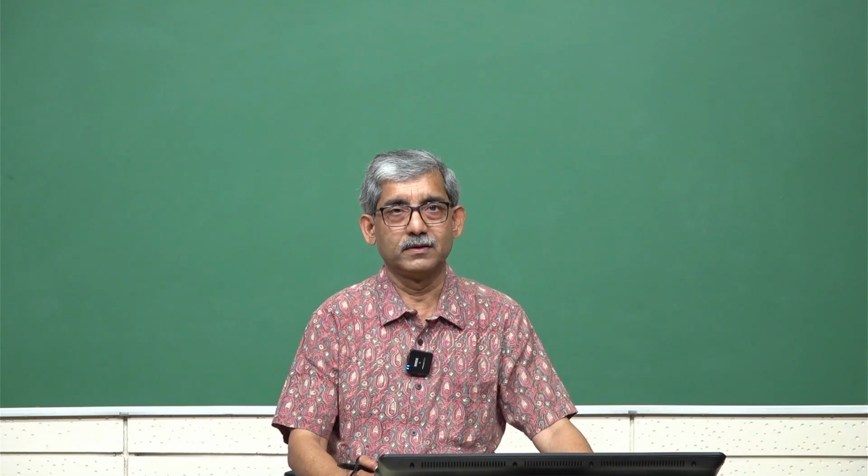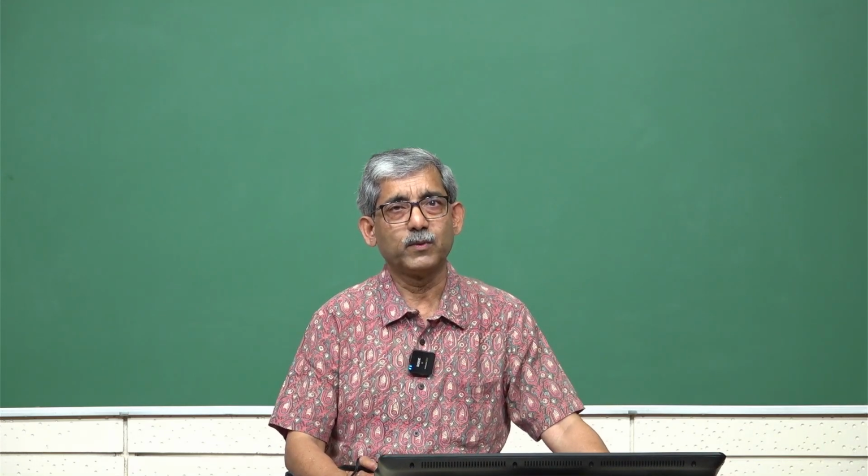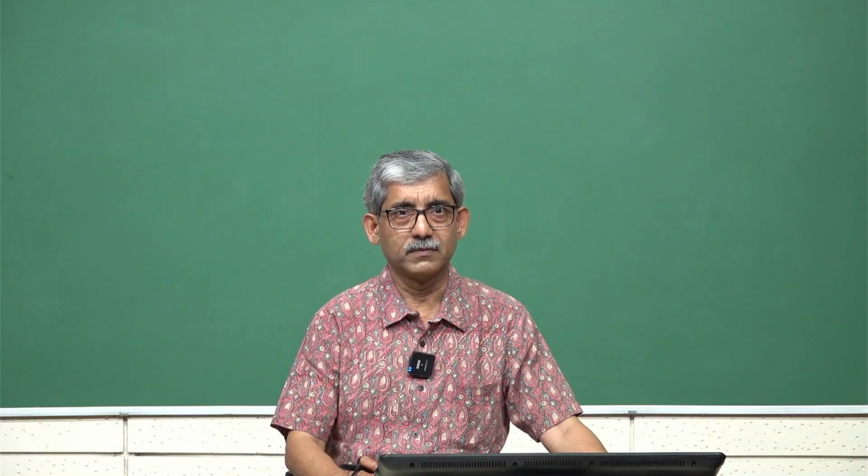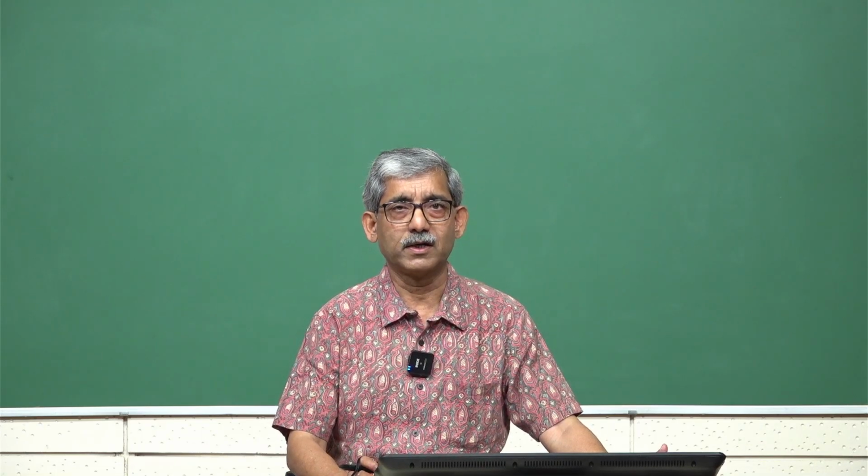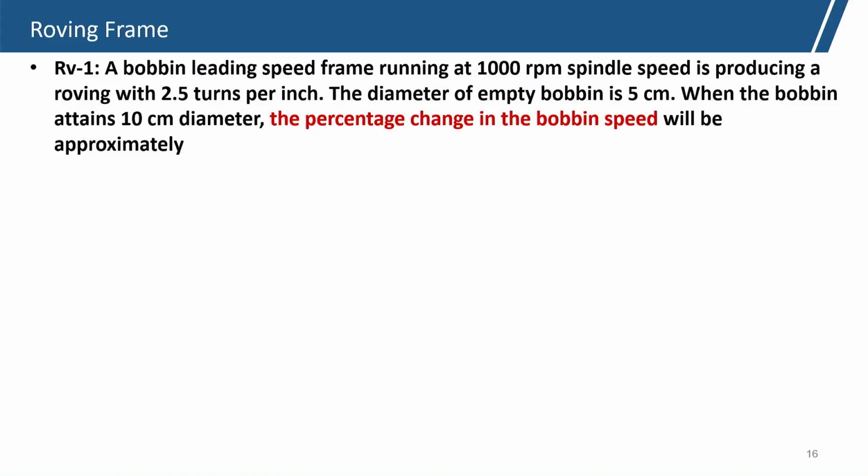Hello everyone. So, we will continue with numericals in roving frame. The first one we have already done in the last session, that is we have the bobbin leading roving frame which is running at 1000 rpm spindle speed, which is producing roving of 2.5 turns per inch.